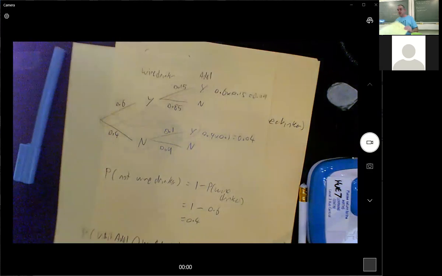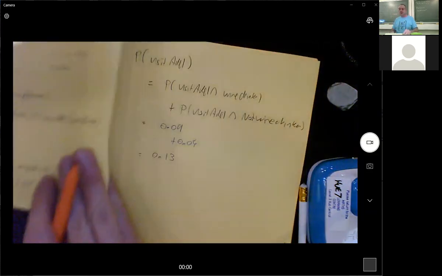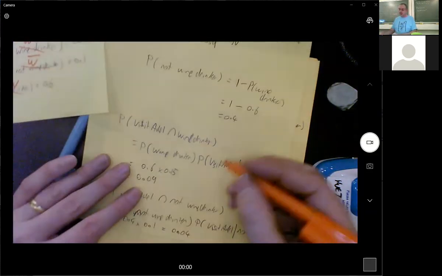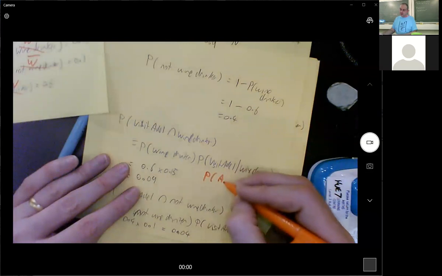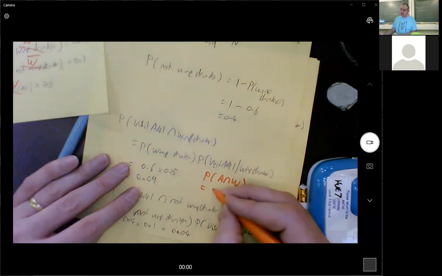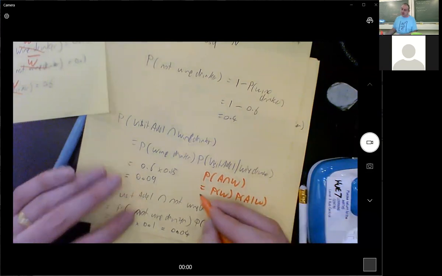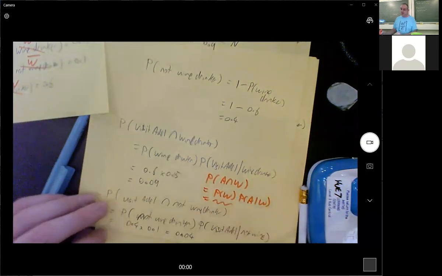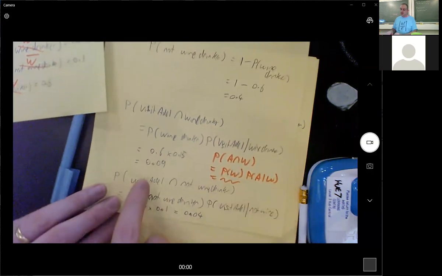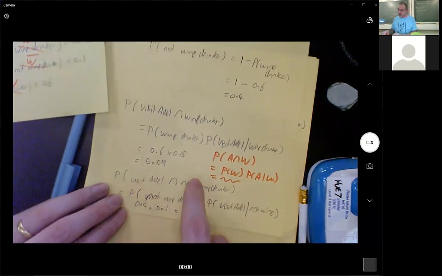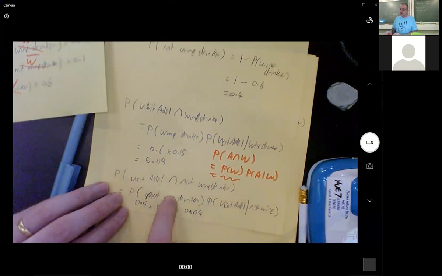And so the working would have turned out a lot simpler. This would have looked like probability of A and W is probability of W times the probability of A given W, which is whatever it is. And this would have been A, W bar, A, W bar.